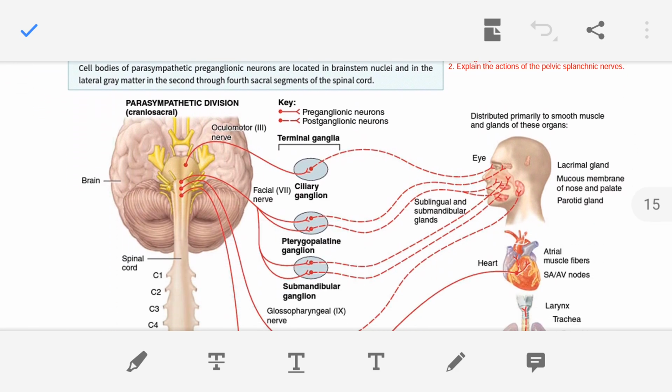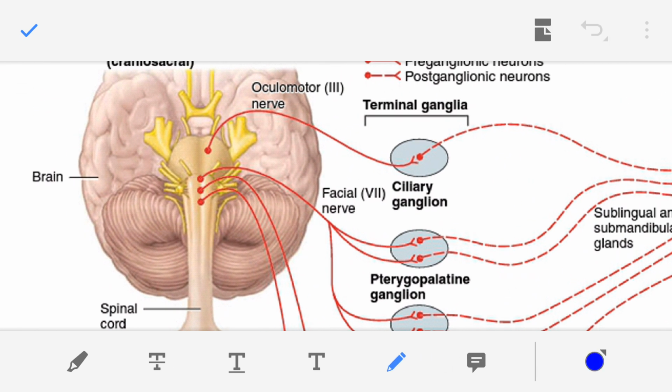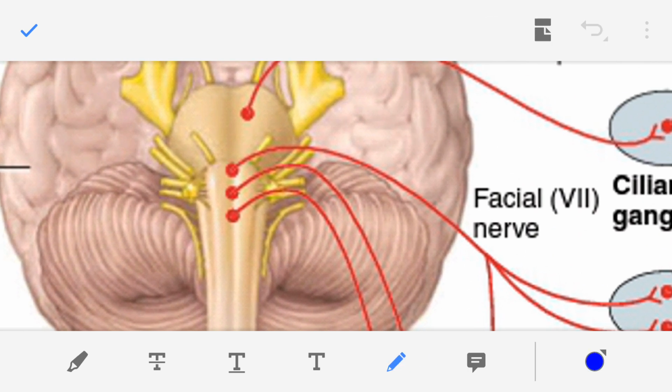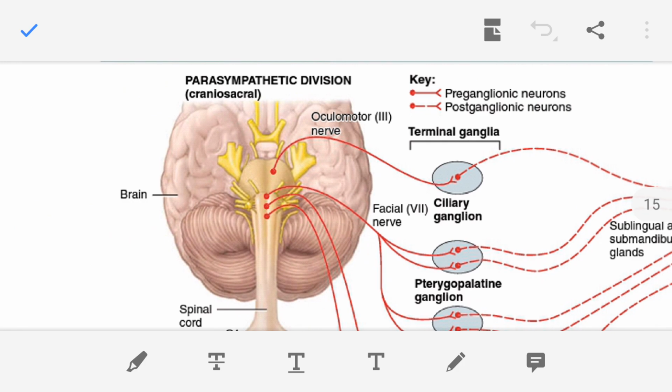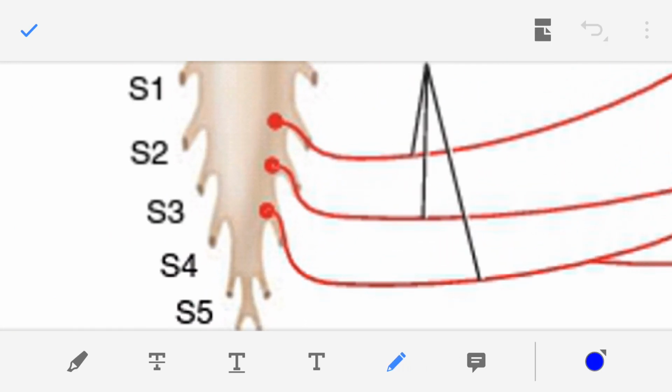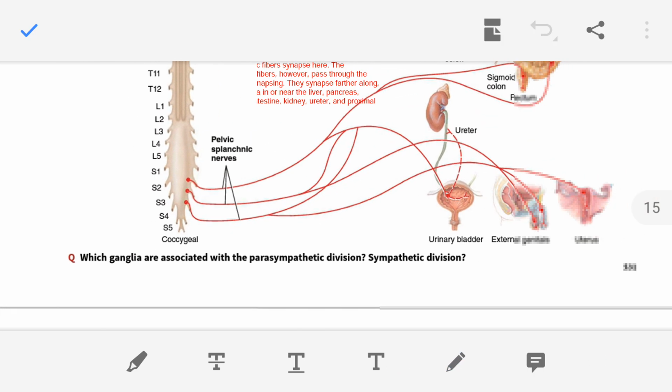So here you can see these red dots, okay, these red dots are actually the somas of pre-ganglionic neurons. These are also somas of pre-ganglionic neurons.